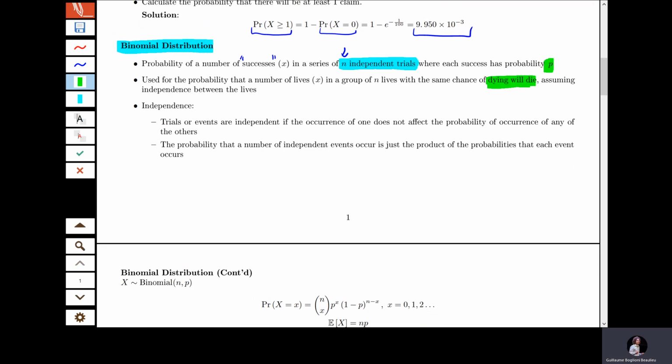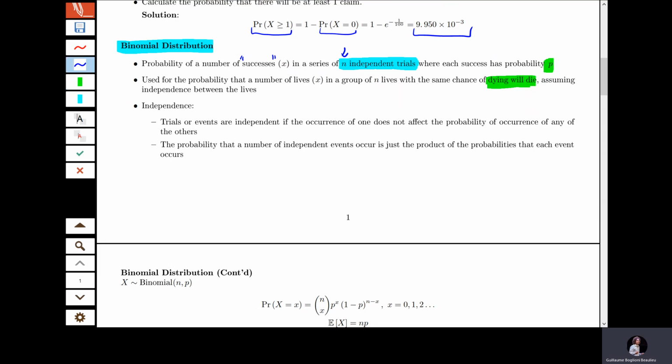Now, the hypothesis of independence is crucial for the binomial distribution. So each of those trials needs to be independent, and by independent we mean that the occurrence of one does not affect the probability of occurrence of any of the others.